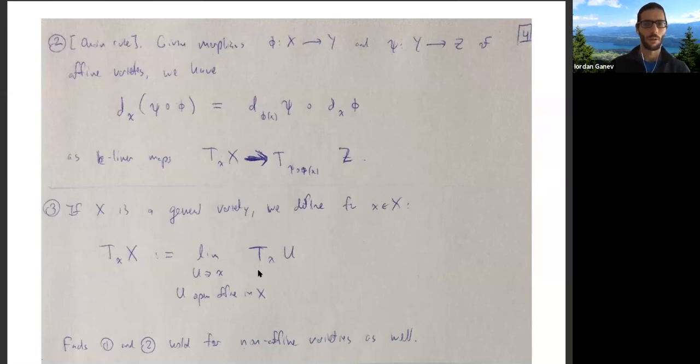The inclusion of various open affine sets induces maps on the level of tangent spaces, and so we can construct this limit, and that limit will give us this vector space, which is the tangent space at little x.